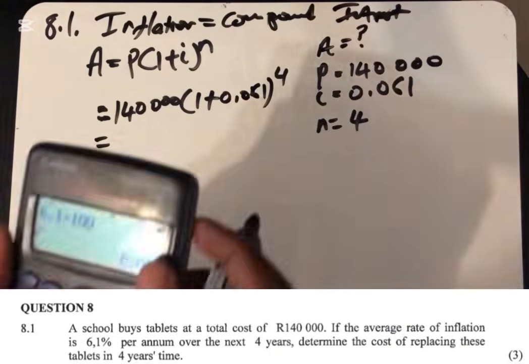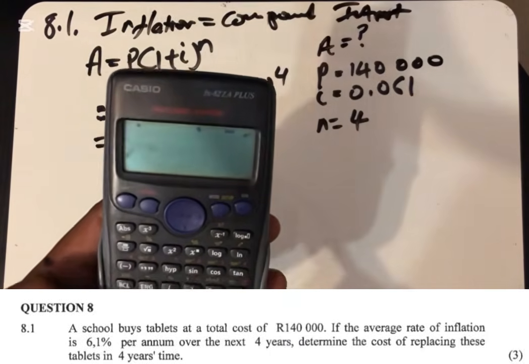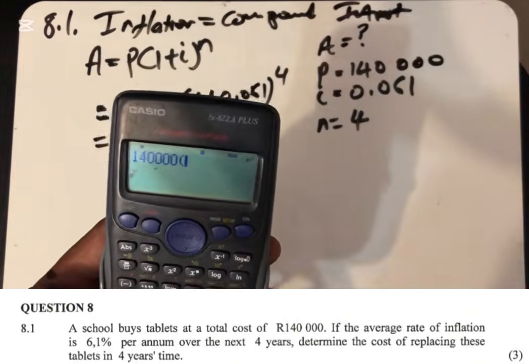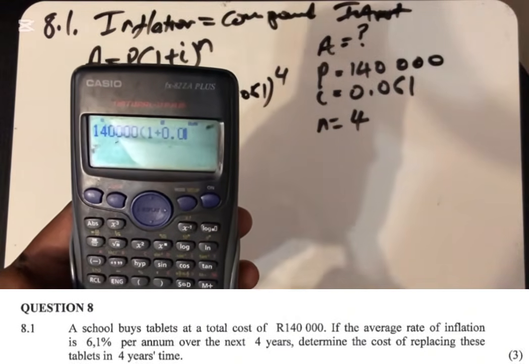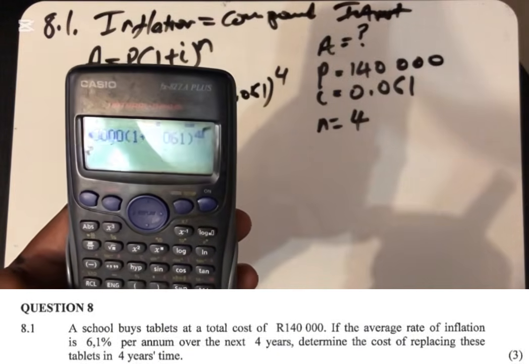We use a calculator to find the answer on this one. Just type 140,000, open brackets, 1 plus 0.061, to the power 4.